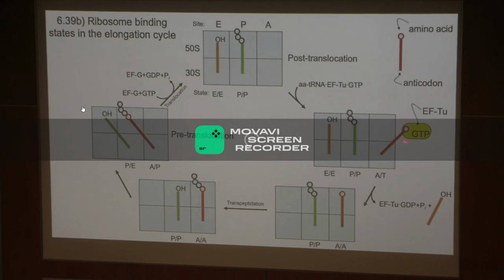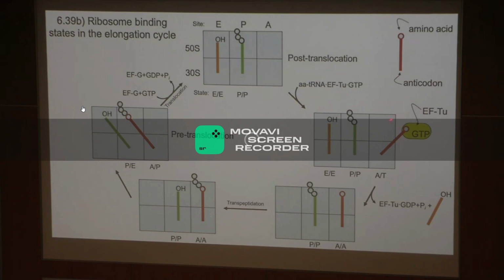But the acceptor stem cannot enter the transferase active site in the 50S subunit, because it's still bound to EF-Tu, and EF-Tu is too big to fit into the A site. And then EF-Tu hydrolyzes GTP.